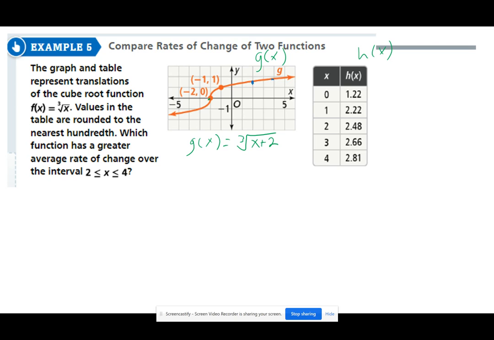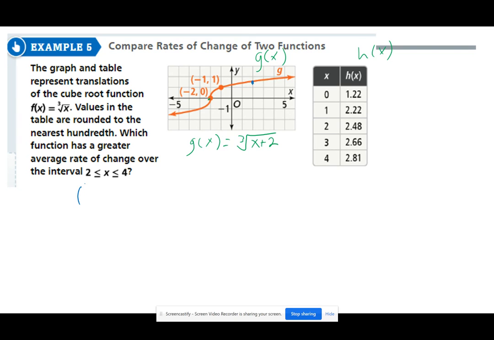So what I recommend doing is going to Desmos and looking at the table. So when you type in the cube root of x plus 2, you're going to see a gear symbol. If you click on the gear, then it'll allow you to look at the table, and you can look at the values of 2 and 4. So if you go in there and you look at the table, you will see me flip pages here.